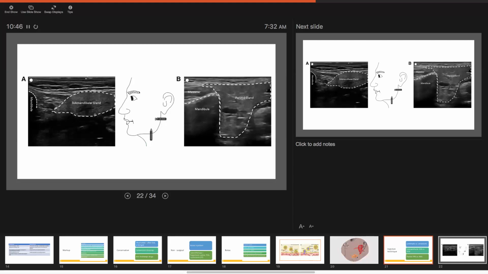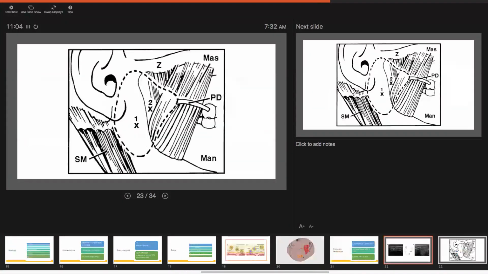This is just an image of what the two glands would look like on ultrasound imaging. Once the image is obtained, a needle can be passed into the gland with an in-plane technique and injected under direct vision. If one uses landmarks for the parotid, they usually advise 2 injection points.